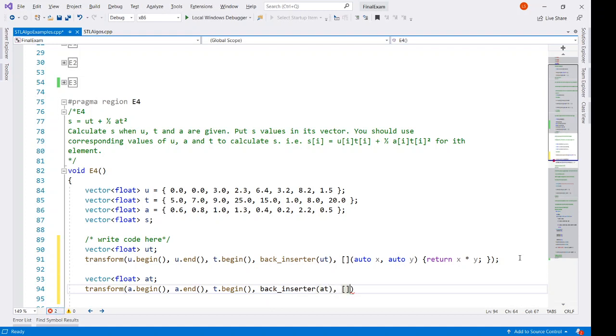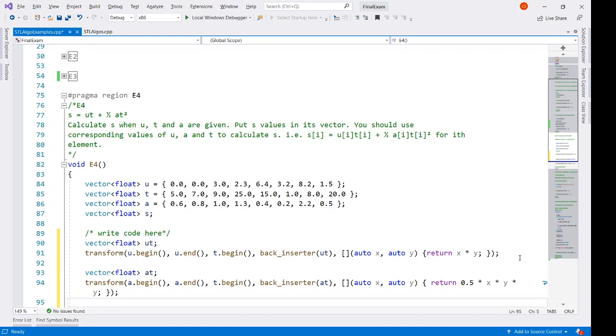The predicate in this case will be, so a and t we get, and we return 0.5 multiplied by a multiplied by t multiplied by t, right? So that's our half at square vector.